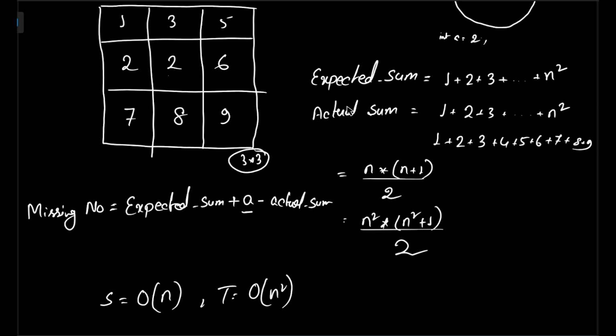Because we are first traversing n integers, and for every row we also traverse the columns, and we actually use the inner loop, that is the reason it is taking big O of n square.